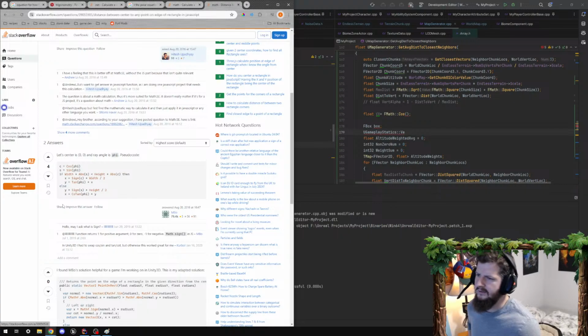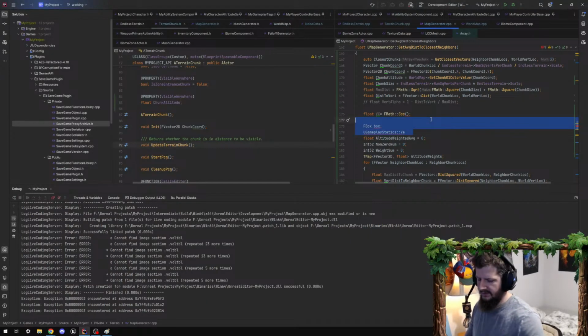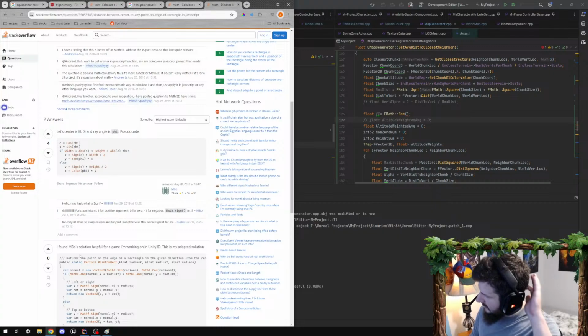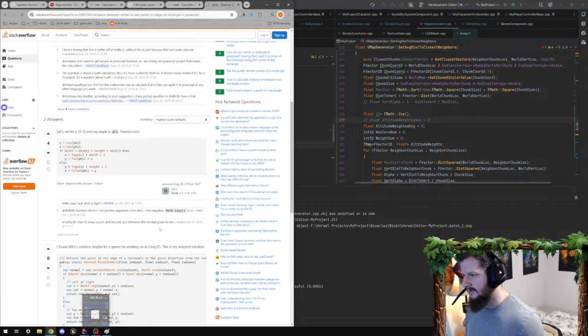Yeah, I mean, if I can get that angle, I guess it's not going to be too hard. I just have to make sure that... yeah, in Unity 3D, I had to swap cosine and sine. Oh my god, it's going to be so painful to write this.